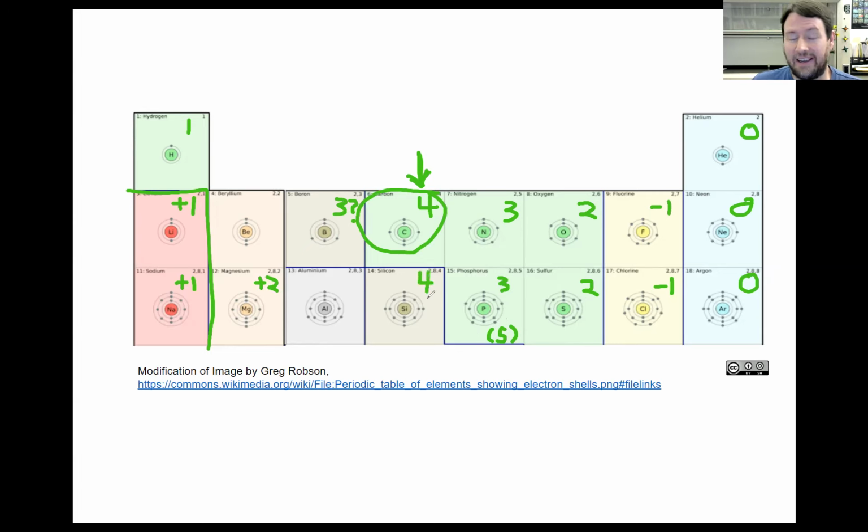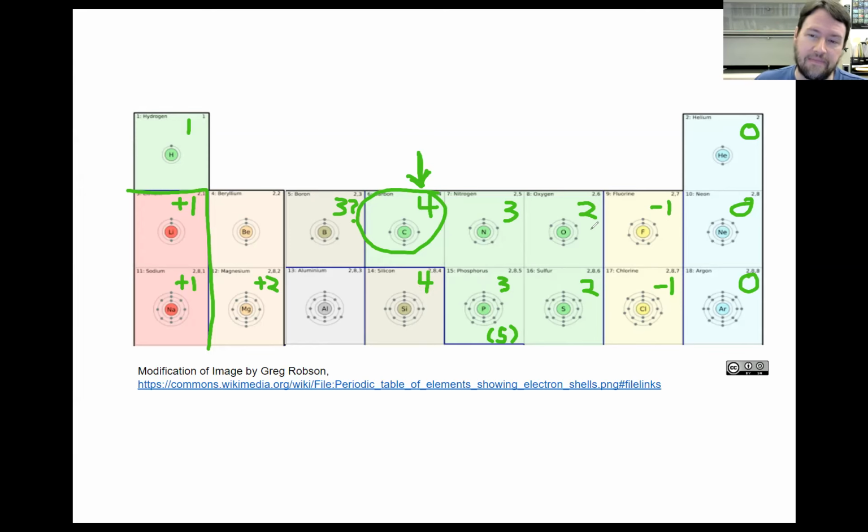A lot of science fiction writers will say, oh, but maybe there's silicon-based life forms, and those could also form four bonds with other atoms. So there's a lot of silicon on Earth, but it's usually bound up to oxygen in the form of silicon dioxide, which is very common in rocks.